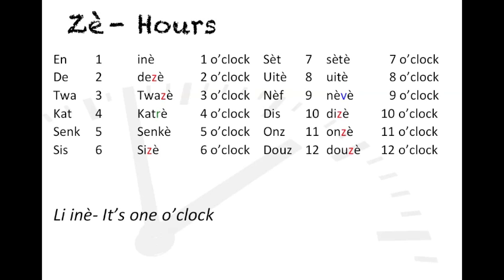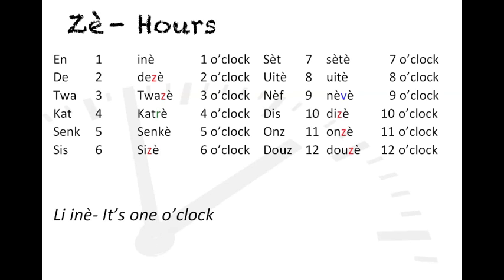For example, we have 4, which is quatre, and in the case of 4, an R is added between quatre and this heure which we have at the end of every number when we're dealing with time, which means the hour. Quatre becomes quatre heures. Finally, we have number 9, which is neuf.